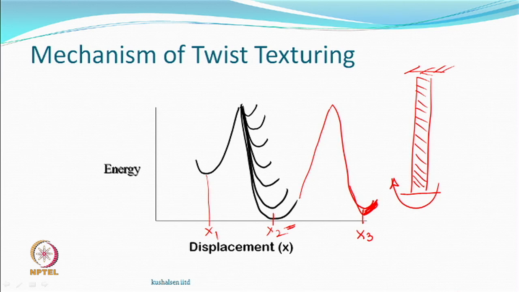Now, for all of the filaments to take exactly the same position as they were before untwisting, they have to follow exactly the same path as the untwisting.